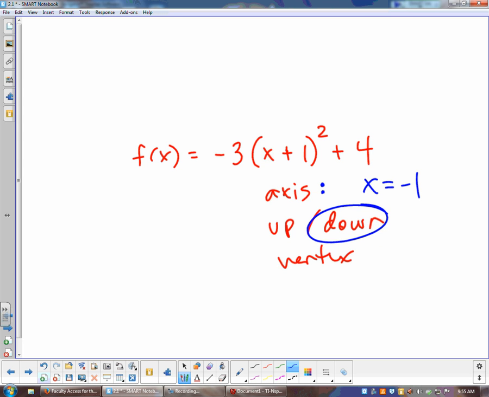And what's the vertex going to be? Do people agree? -1, 4. Yeah. All right. We know it's opening down because this leading coefficient, our a, is less than 0. All right.